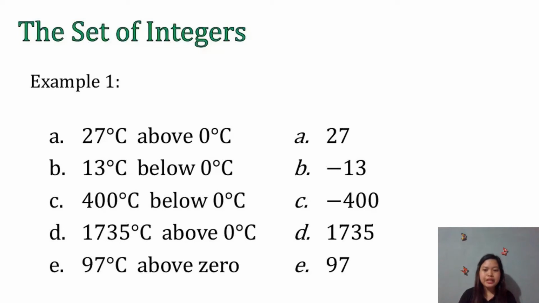That's negative 13 because it's below 0, which means it is less than 0. Now, letter C, 400 degrees Celsius below 0 degrees Celsius, that's negative 400. Then 1,735 degrees Celsius above 0 degrees Celsius, that's positive 1,735. And we also have 97 degrees Celsius above 0, that's still positive 97.